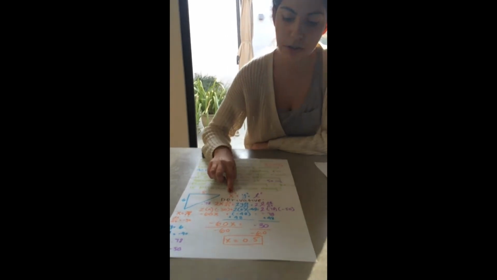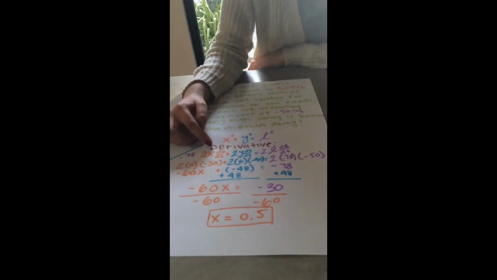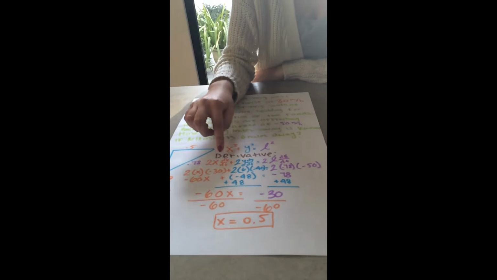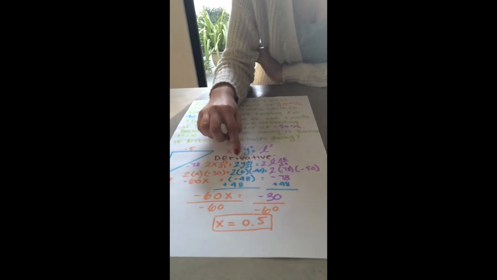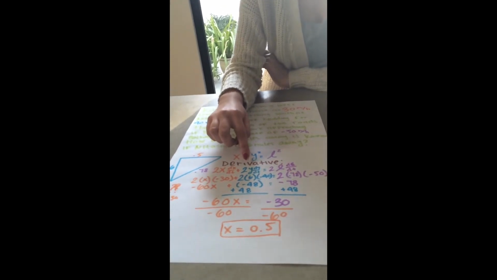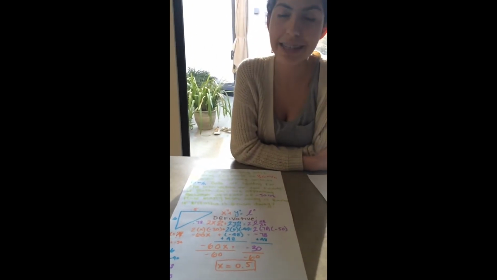Next we figure out the equation we're using, which is the Pythagorean theorem: x squared plus y squared equals L squared. Then we figure out the derivative, which is 2x times dx over dt plus 2y times dy over dt, which equals 2L times dL over dt.